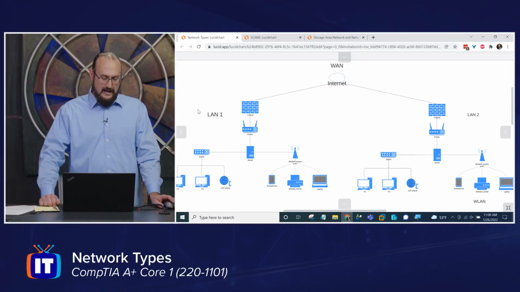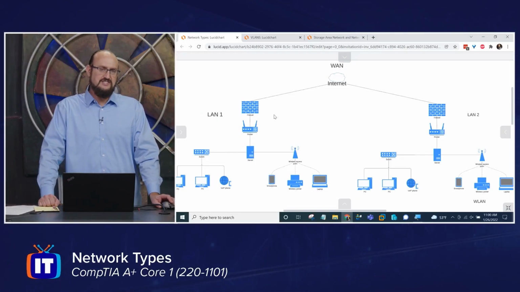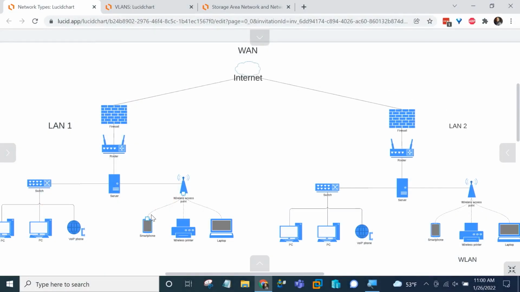Well, a WAN typically spans multiple geographical locations, and a lot of times we use it to connect multiple local area networks together, right? So for instance, remember our LAN 1 here. We've got a series of computers, let's say in Boston. Maybe we've got a series of computers over in Tampa, right?